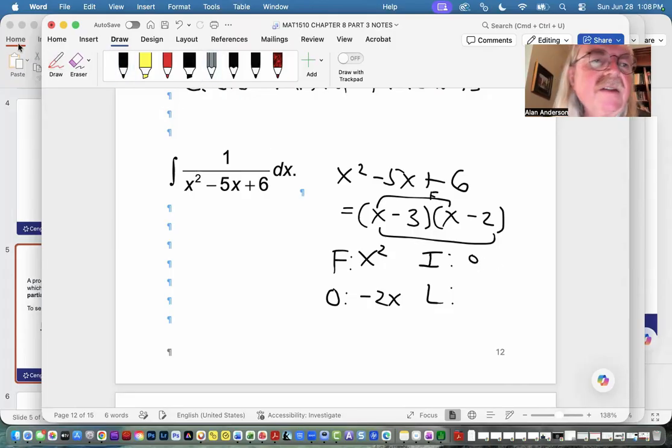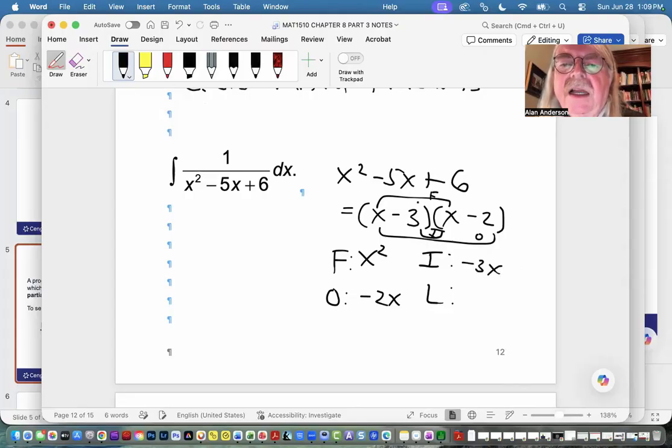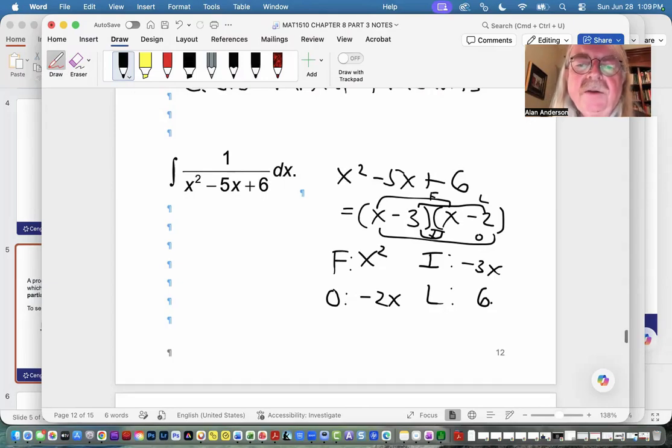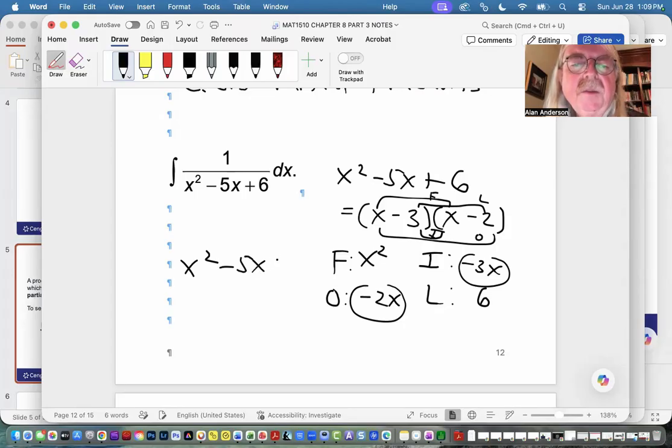I need the space. Then I would be these two, which is minus 3x. And then last would be these two, which is positive 6. So when you combine all of that, you'll get x squared minus 5x plus 6.